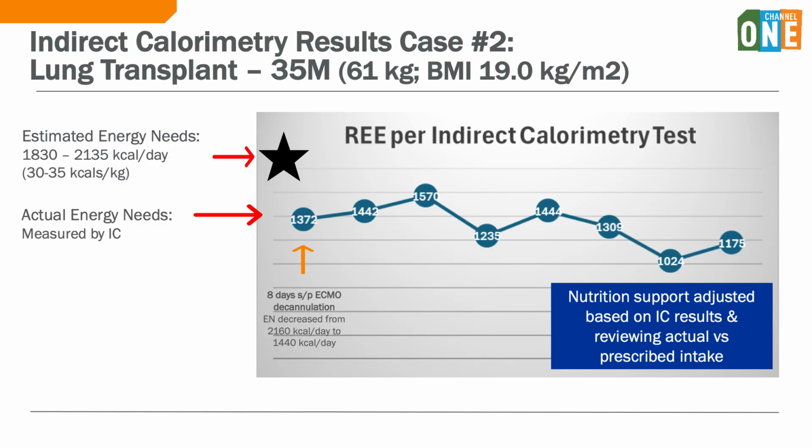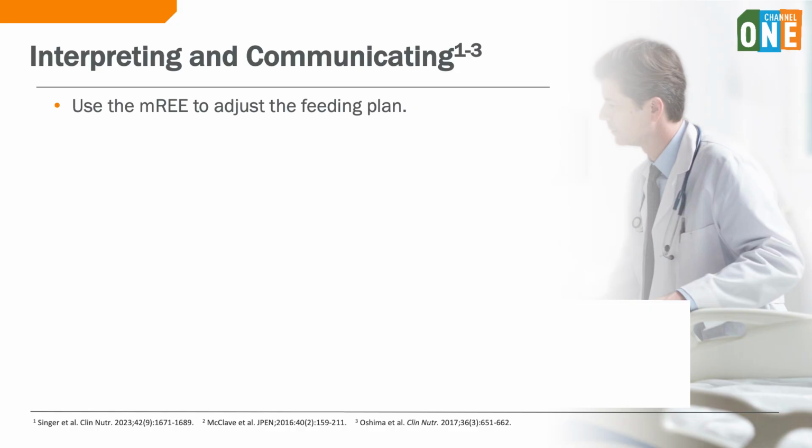When interpreting and communicating an indirect calorimetry result, you do want to use the measured resting energy expenditure to adjust the feeding plan. There is no need to add an activity or stress factor unless the patient is in the post-acute phase.